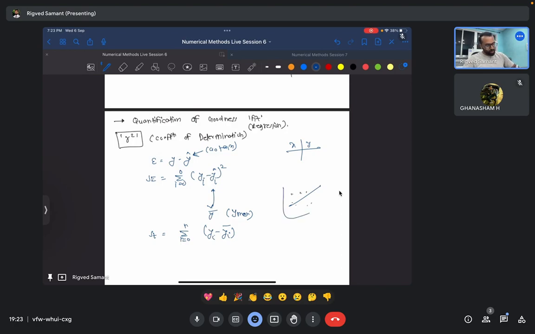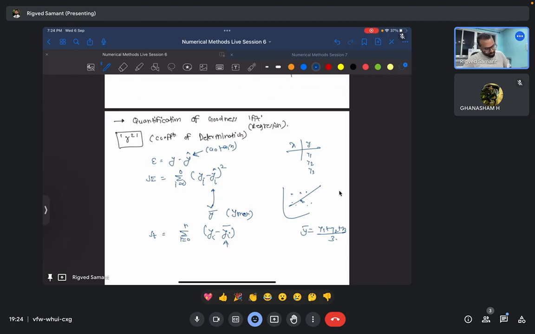So I have these points, and rather than minimizing this error, I am just taking the mean of these y values. If there are y1, y2, y3, y bar would be y1 plus y2 plus y3 divided by 3. I am just taking that and putting it here for each one, and summing.